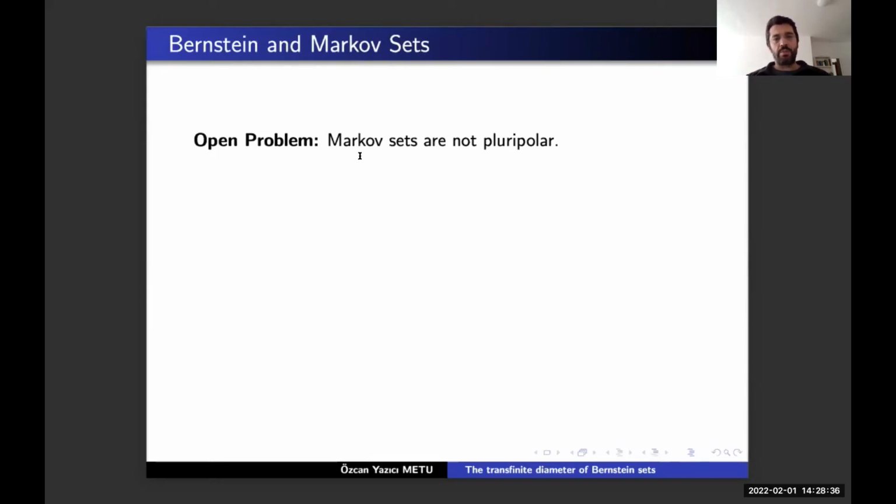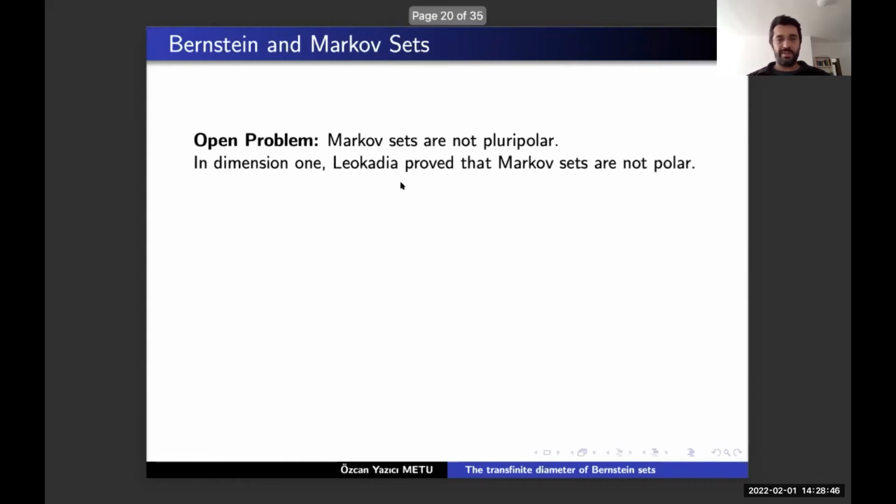And we have an open problem here. We don't know whether Markov sets are pluripolar or not. We guess that they are not pluripolar. The reason is that in one dimension, in the plane, it was shown that Markov sets are not polar. But in higher dimensions, this is open.